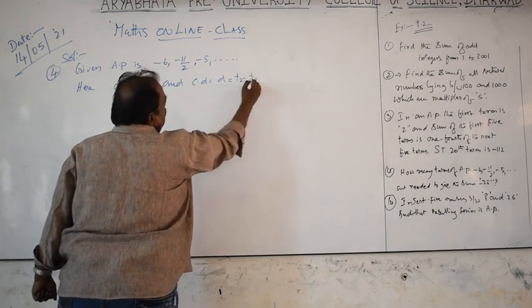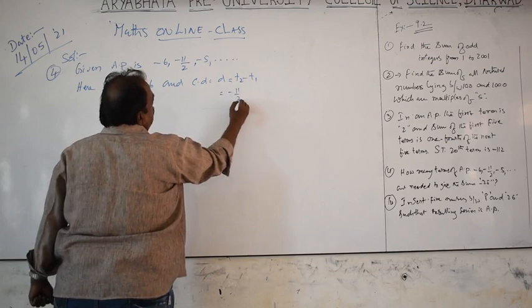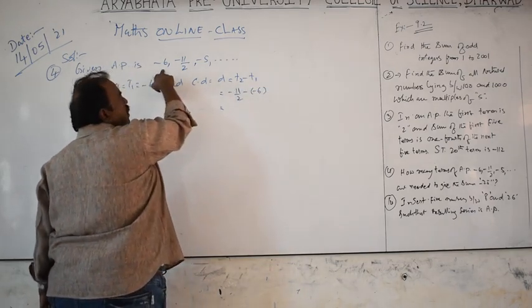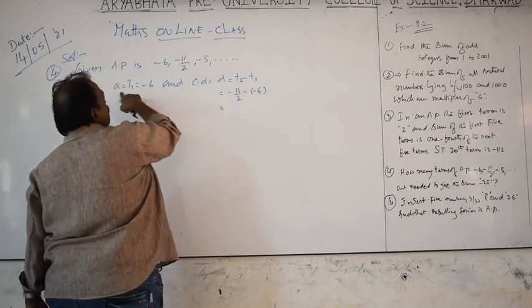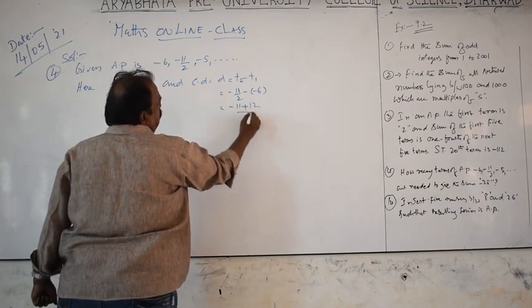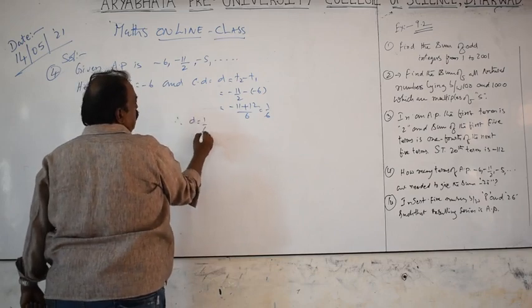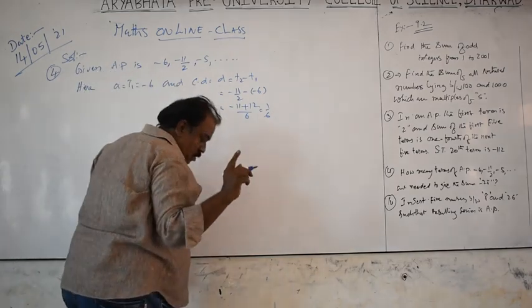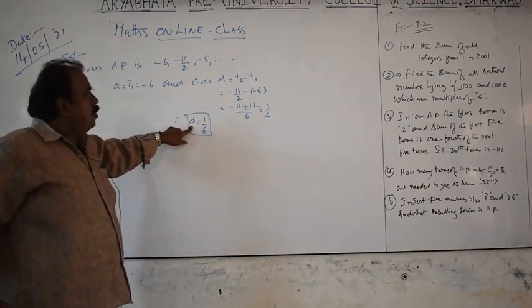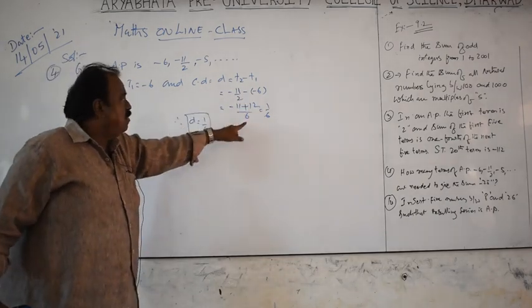D is T2 minus T1. What is T2? Minus 11 by 2 minus of minus 6. Will you agree there? T1 is minus 6. So minus 11 plus 12 by 2, that is 1 by 2. LCM is 2.